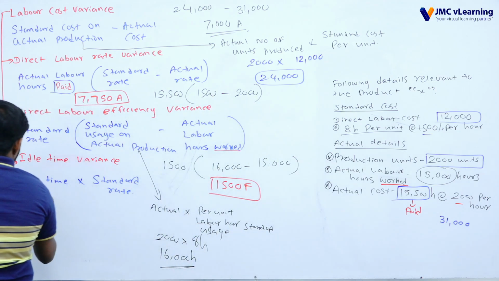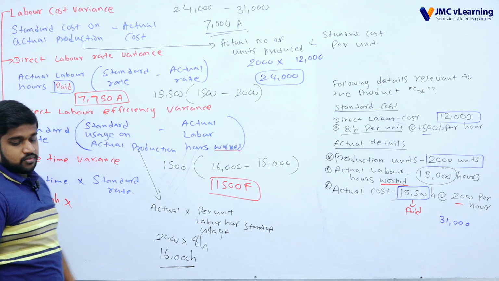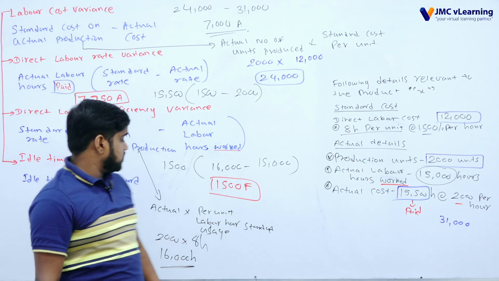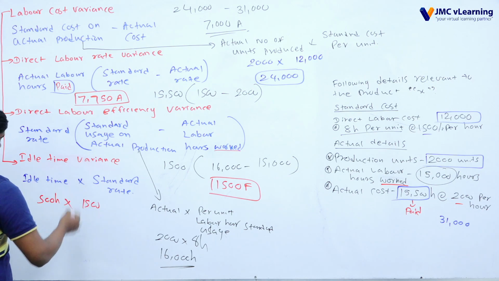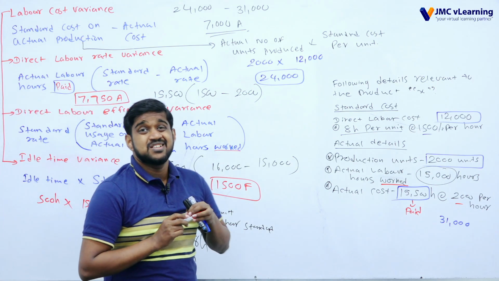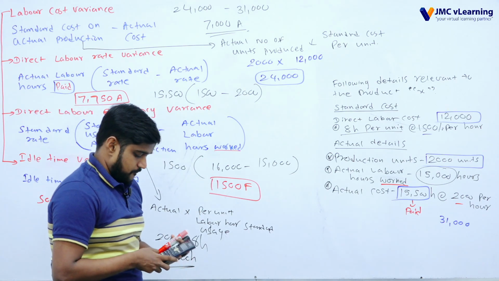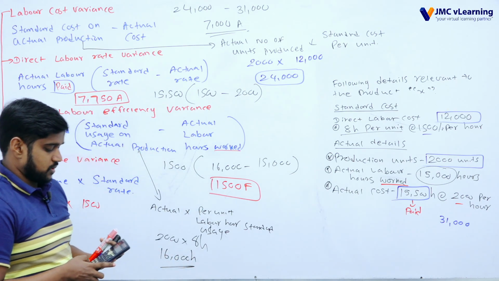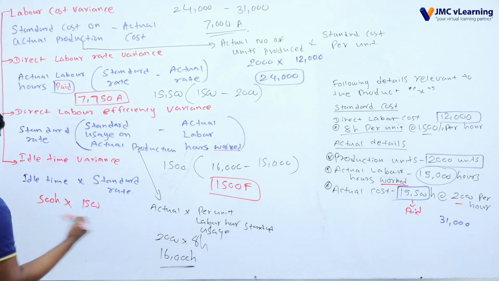Then we have 500 hours of idle time. We multiply it by the standard rate of 1,500. 500 multiplied by 1,500 is 750,000.